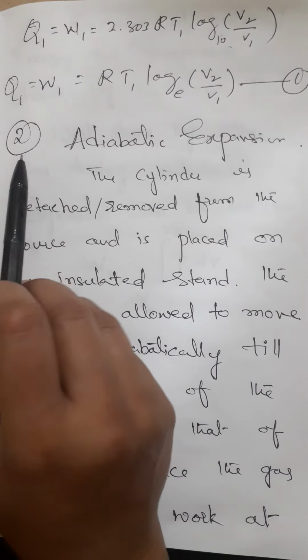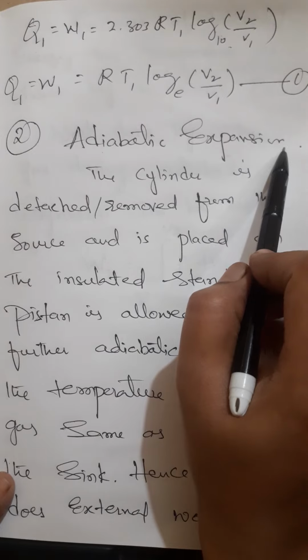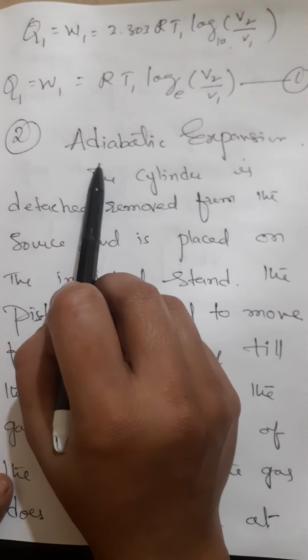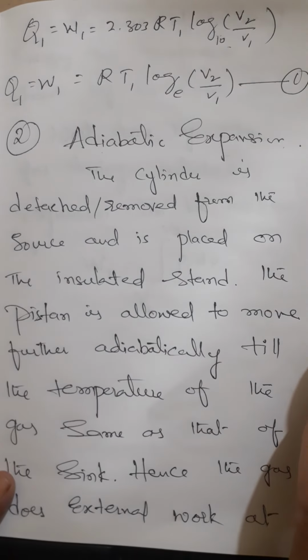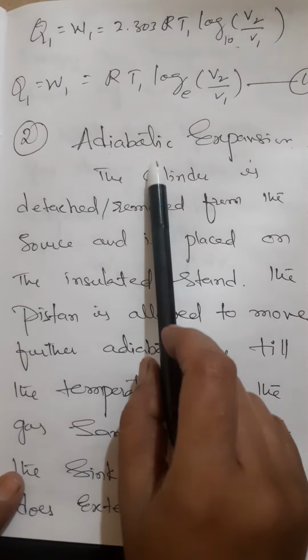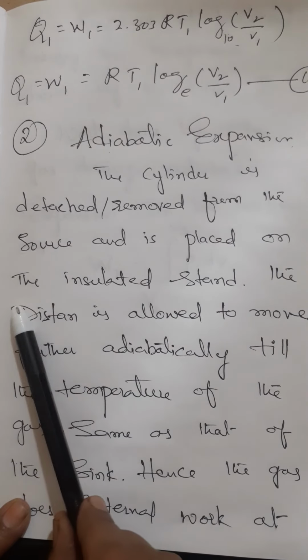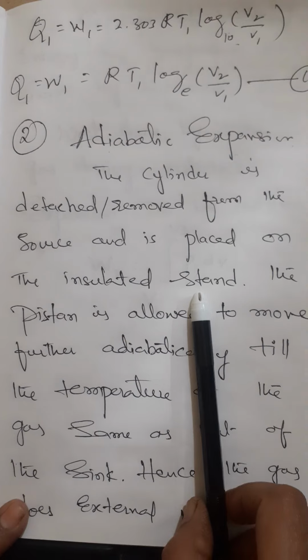Now the second situation is adiabatic expansion. At this position we remove the cylinder from the source and place it on the insulating stand, because we know that an adiabatic process means a process in which heat neither enters into the system nor leaves the system. Just now I told you what an insulating stand is.